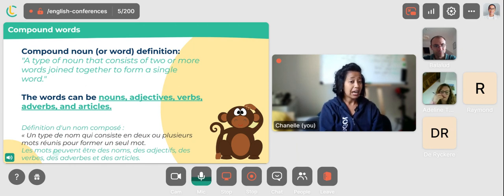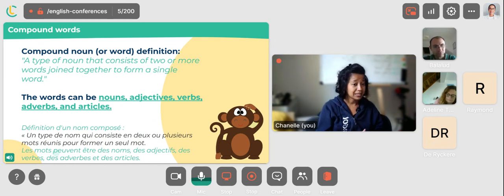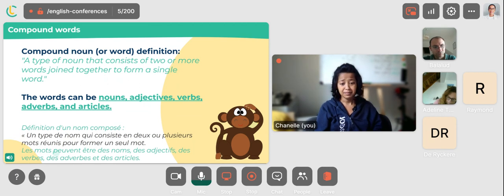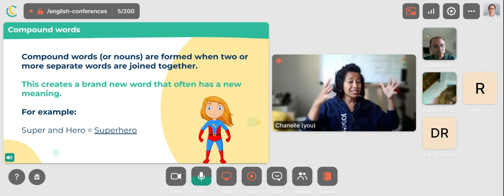So, compound noun or word, the definition is a type of noun that consists of 2 or more words joined together to form a single word. The words can be nouns, adjectives, verbs, adverbs, and articles. Compound words or nouns are formed when 2 or more separate words are joined together.